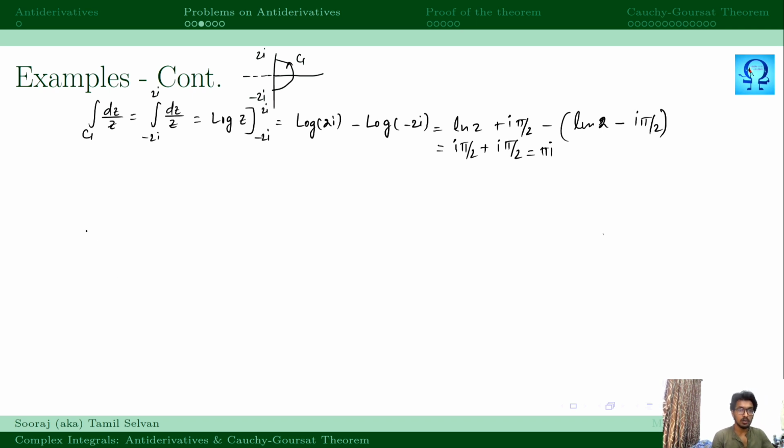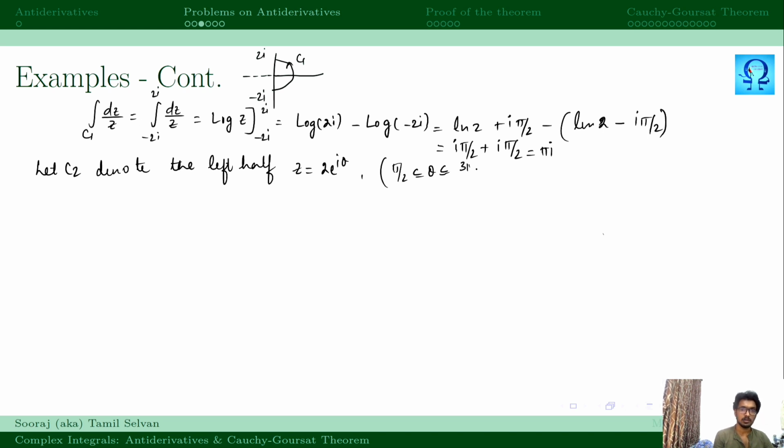Now let C2 denote the left half of the same circle, that is z equals 2 e to the power iota times theta with theta lying between pi by 2 and 3 pi by 2.